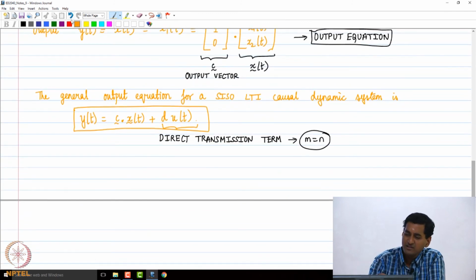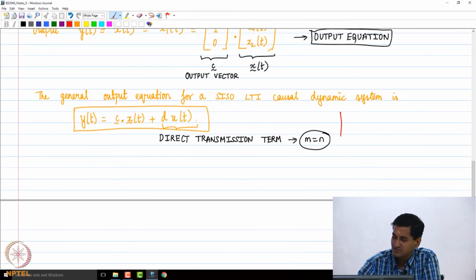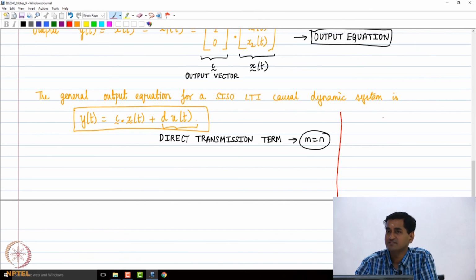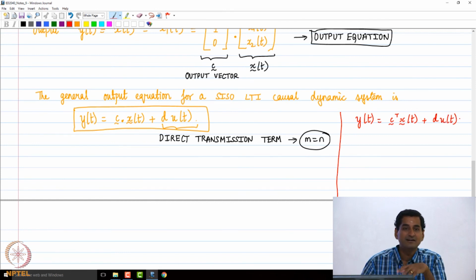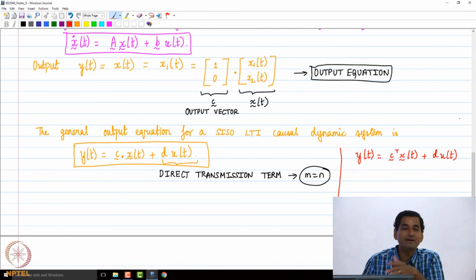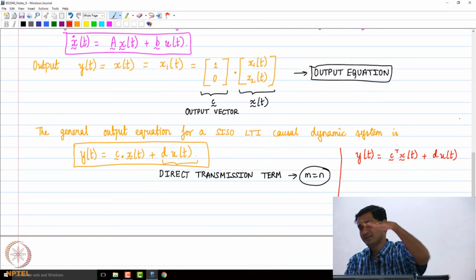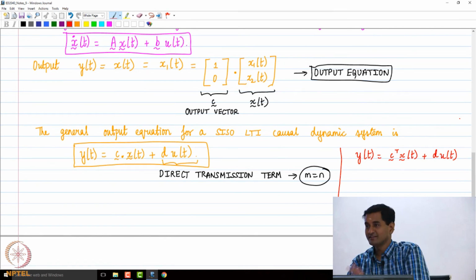Of course, at this point, one aside which I should say is that almost all textbooks and references in controls would write this output equation as y of t is equal to c transpose x of t plus d u of t. Okay, because they take the output vector to be a row vector, so that it's a matrix operation, right? You multiply a row with a column and then you get it.